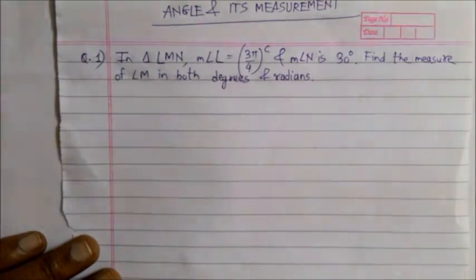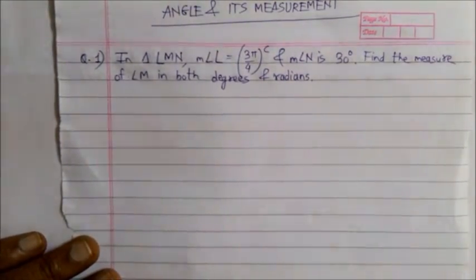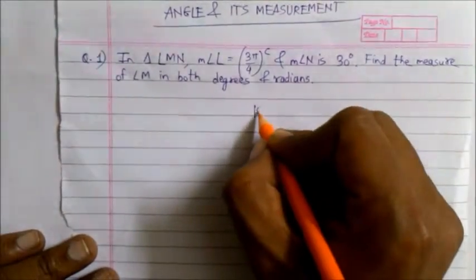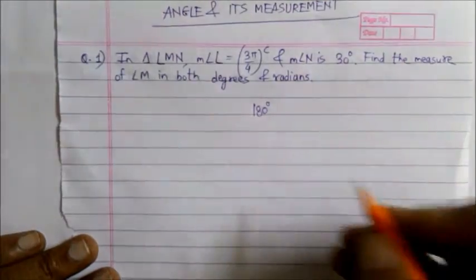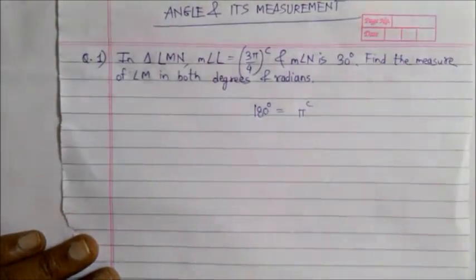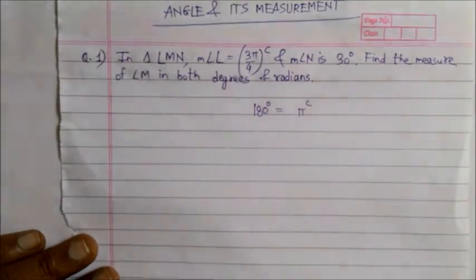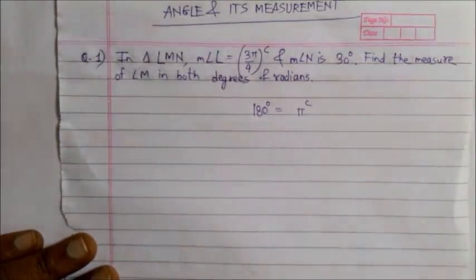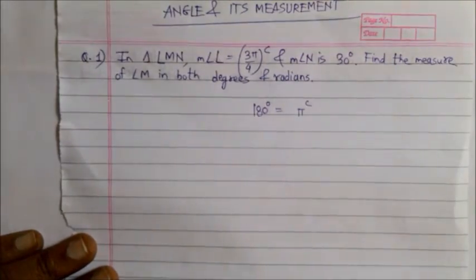Now both degrees and radians are two units to measure an angle, and the relation between them is this: 180 degrees is equal to pi radians. Now we know that the sum of all angles of a triangle is equal to 180 degrees.